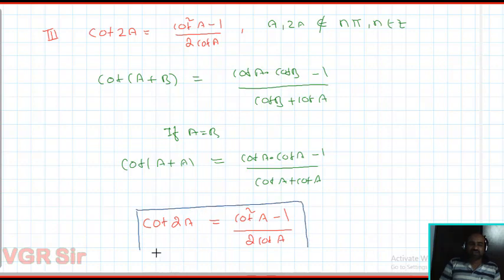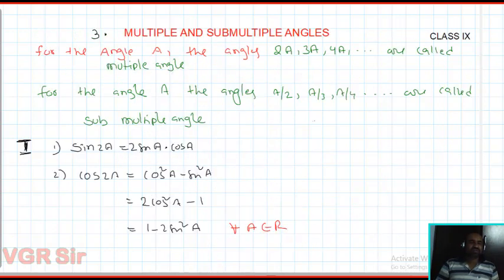This is also a conditional result. Observe here. First of all, in the chapter on multiple and submultiple angles, I defined what multiple and submultiple angles are, and the first result is about sin 2a and cos 2a. Should remember 2 sin a cos a, but cos 2a has 3 formulae.